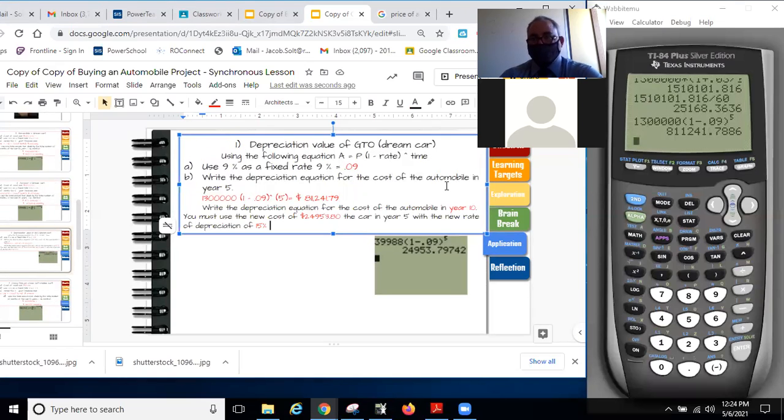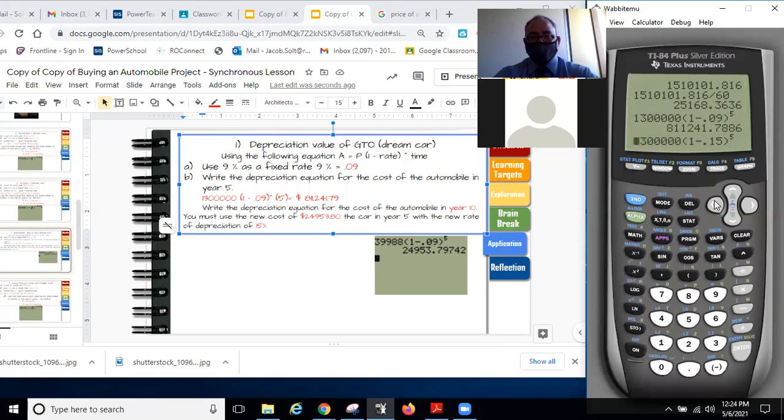Okay, and now he wants us to do the same thing, depreciation now over the next 10 years, and I'm going to assume it's 15%. So I'm going to basically use the same formula, but now the percentage rate's changed. Right now it's 15%, and the starting price is whatever I found a second ago, which was 811,241.79.